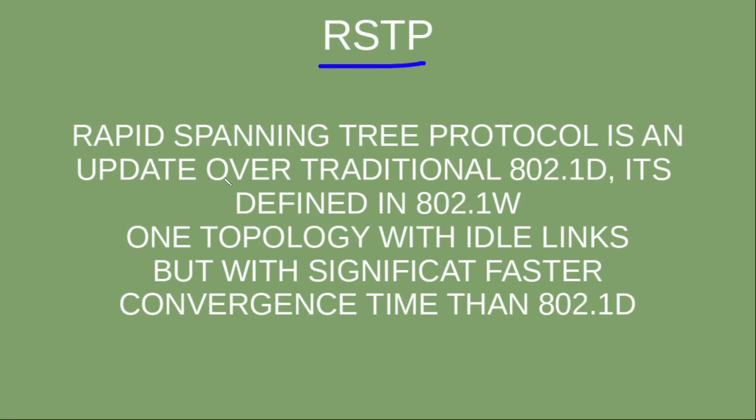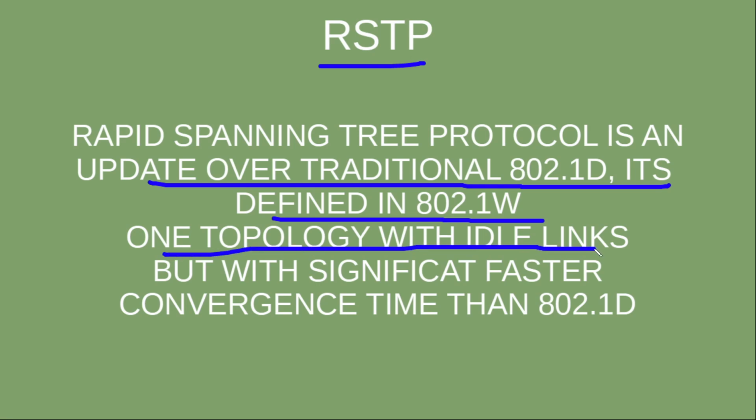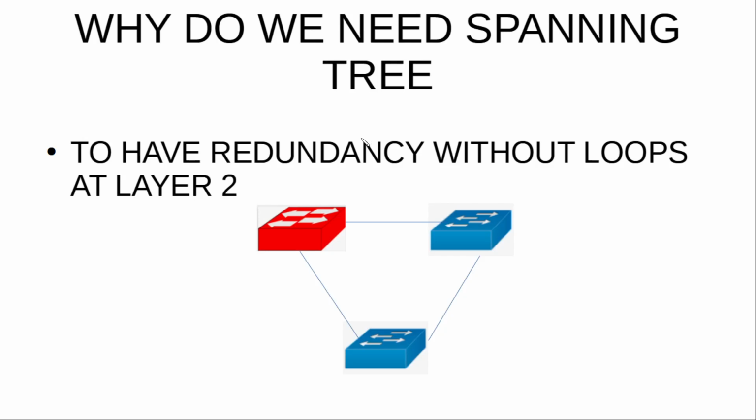Rapid spanning tree is an update over the traditional spanning tree. It is defined in 802.1w. It still uses one topology with idle links, but with significantly faster convergence times than the traditional spanning tree. So why do we need a spanning tree at all?